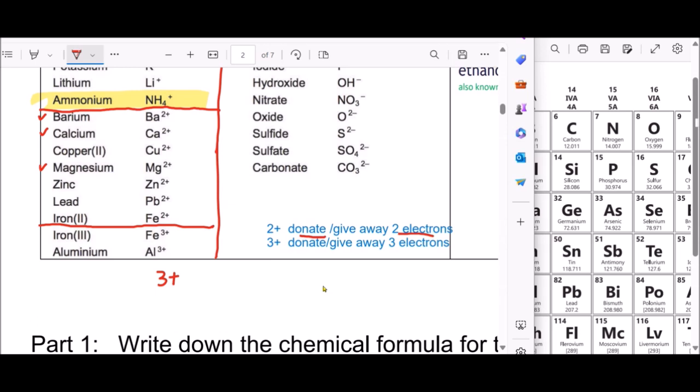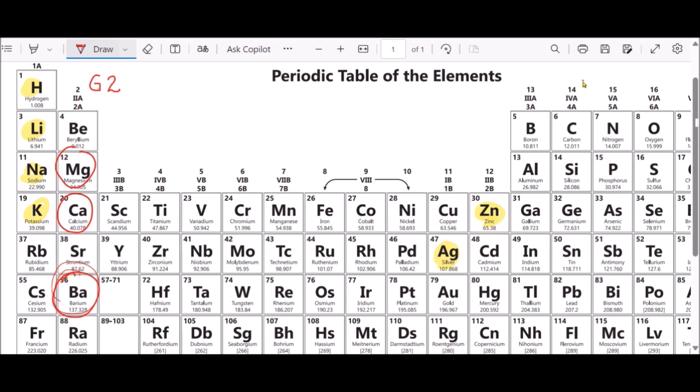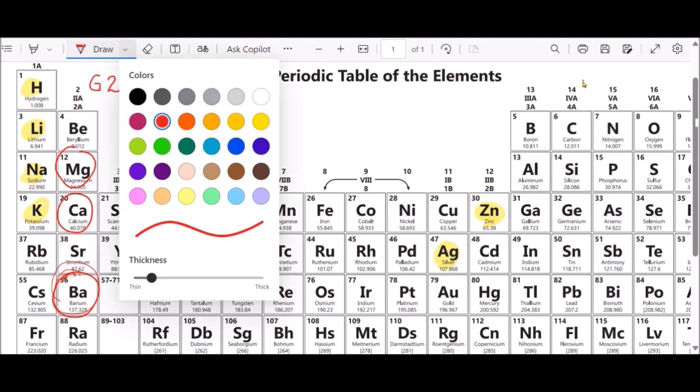For the rest of the other elements like copper, zinc, lead, and iron, these are transition elements. Transition elements are usually located in the middle of the periodic table.